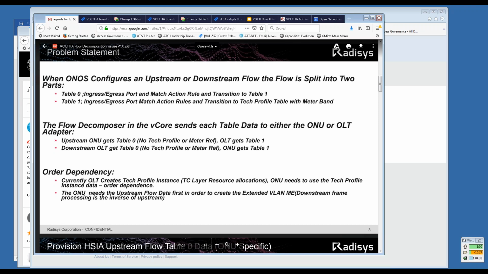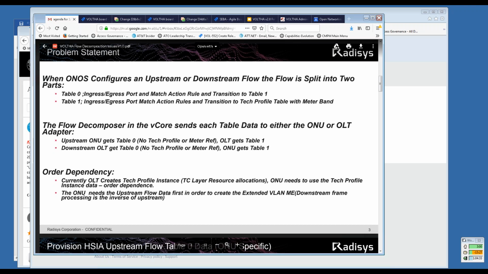Table 1 also has a meter reference that can be used downstream and upstream to define, in the upstream direction, the DBA bandwidth profile, and in the downstream a similar bandwidth profile for the flow. So the flow decomposer in the vCore sends each table's data to either the ONU or the OLT adapter.